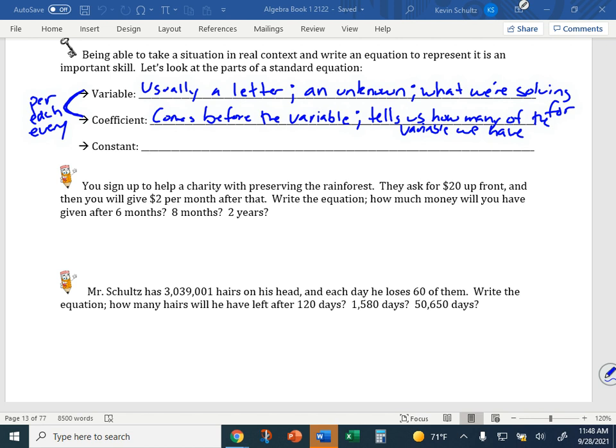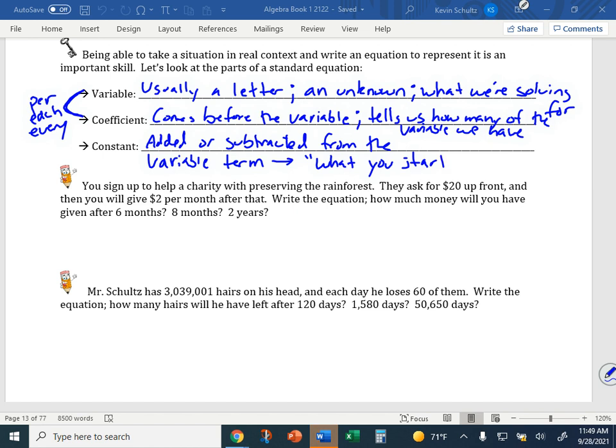Okay. And the constant. What is constant? Right? The constant is added or subtracted from the variable term. And you can think about it as what you start with.